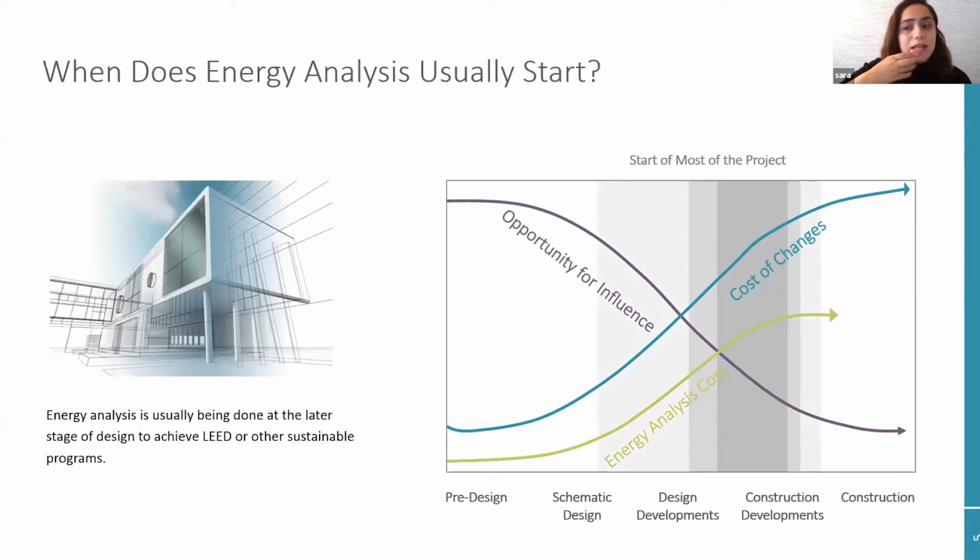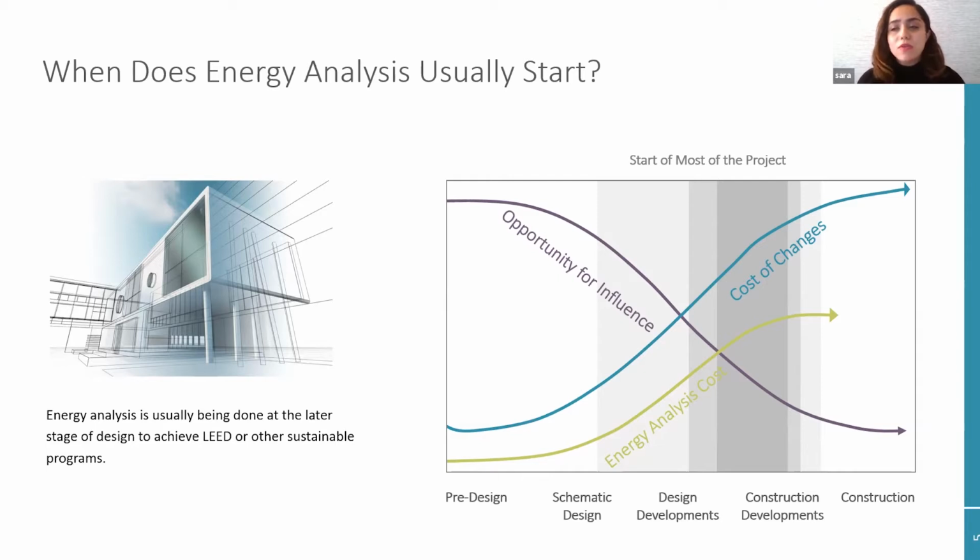When does energy analysis usually start? In our experience, we are hired very early on at SD, but we wait and see while architects come up with a shape that should be aesthetically pleasing, decide the window to wall ratio, and play with different functions and how the building connects to the urban context. So even though we are hired early, we get involved maybe between SD and DD, when the shape is already formed.